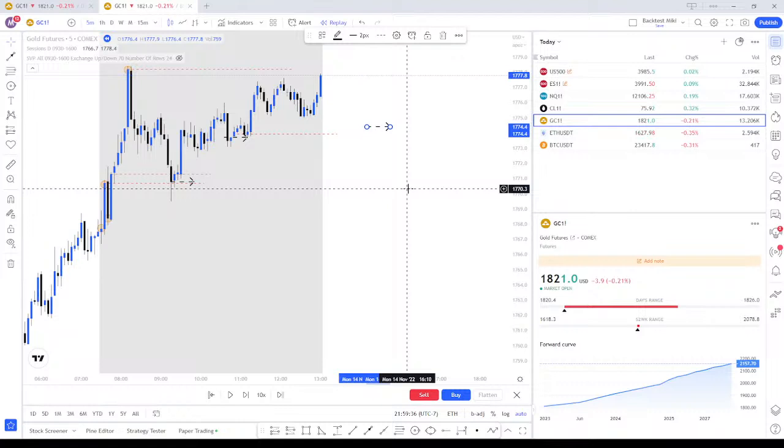From that point till about 2 p.m., 3 p.m. Mountain time, I was just looking at charts.